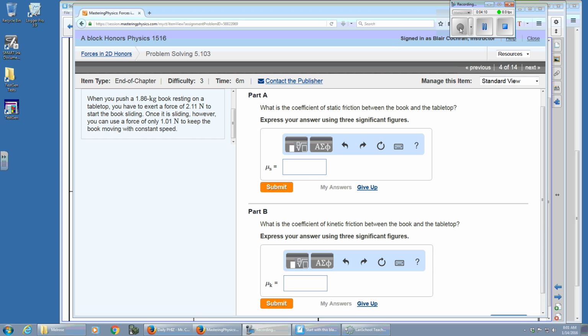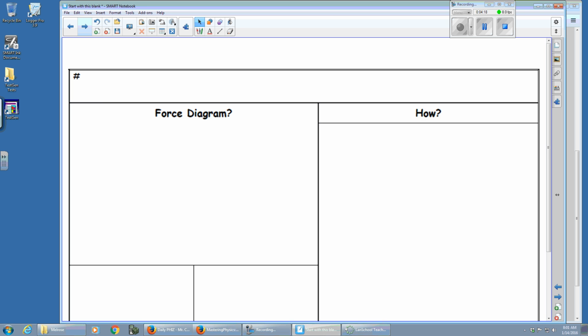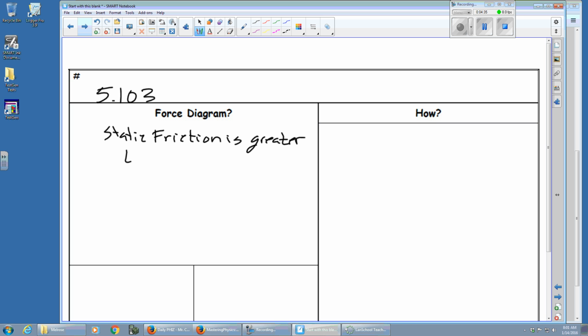So in my y, even though it's going to mainly be a two-force diagram, I might start with that fact: that the static friction is greater than the kinetic friction.